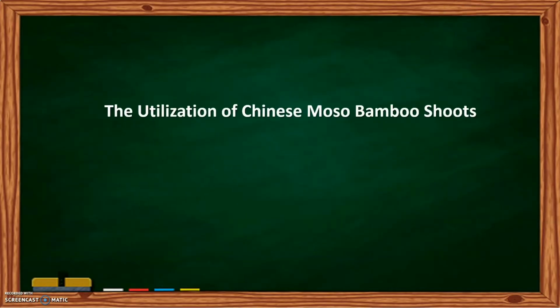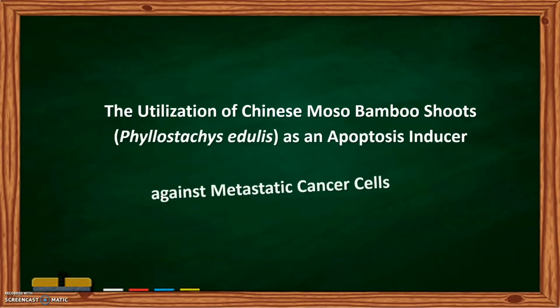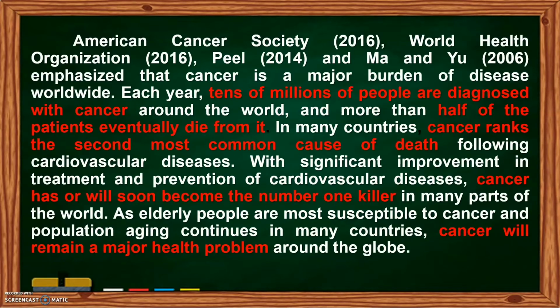Doon naman kanina sa Chinese Moso bamboo shoots, bakit naman sila ito yung kanilang study? So, let us look at their fourth paragraph. American Cancer Society 2016, World Health Organization 2016, Peel 2014, and Ma and Yu 2006 emphasized that cancer is a major burden of disease worldwide.